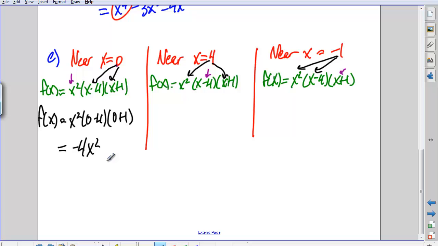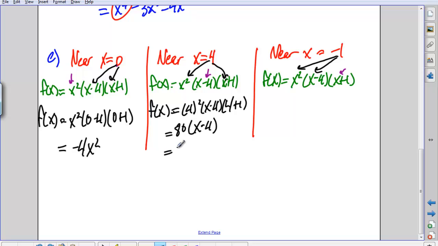So that one's done. For x equals 4, that's 4 squared, x minus 4, and 4 plus 1. So 16 times 5 is 80, times x minus 4, so that's 80x minus 3, 20 for that piece.